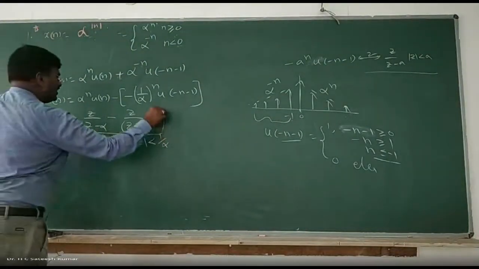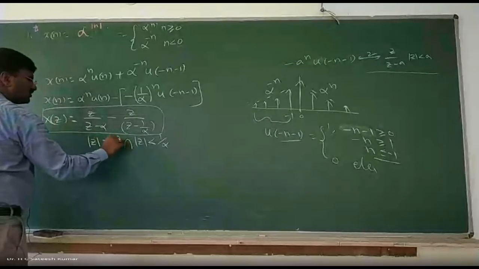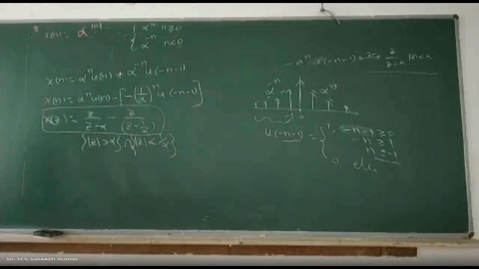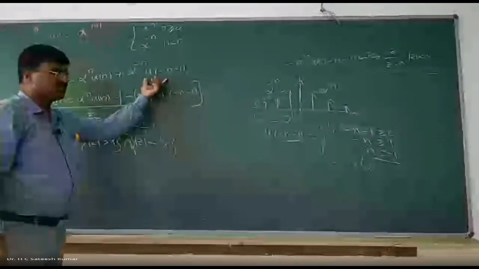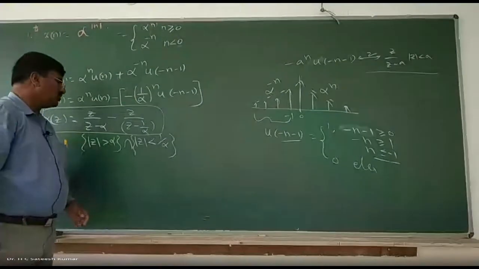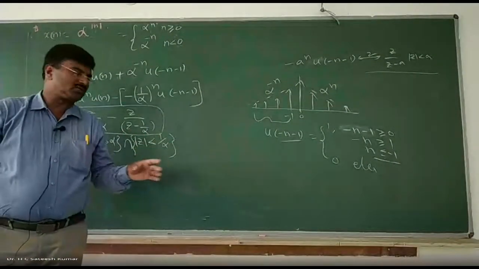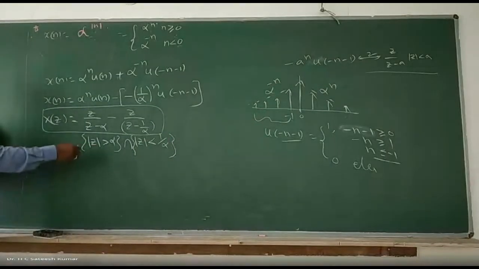Now ROC is the intersection of these two because of the linearity property. Linearity property is nothing but the transformation of the sum of two signals or two functions is equal to the sum of the z transformations of the individual functions. So therefore, you should take the intersection of it.